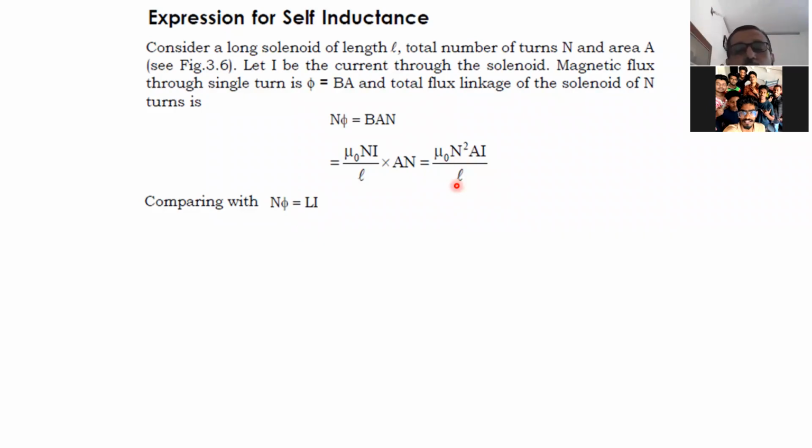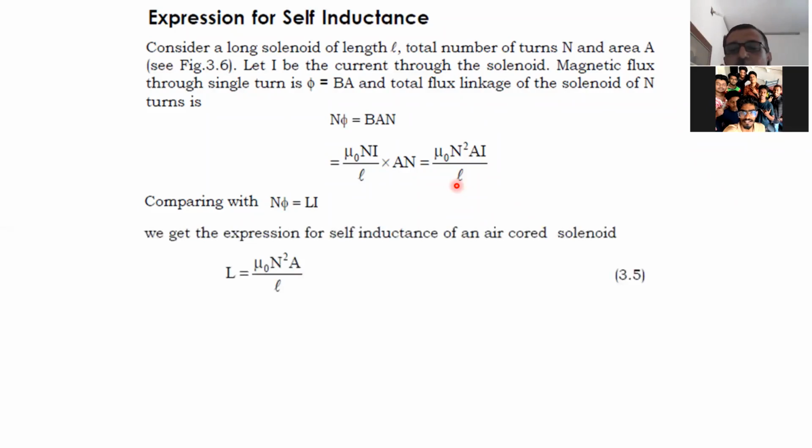L is equal to mu 0 N square A by l. Very good. So that is the derivation. We get the expression for self-inductance of an air-core solenoid.